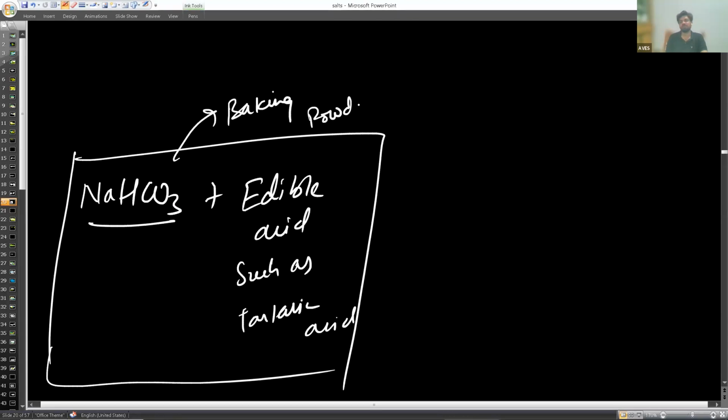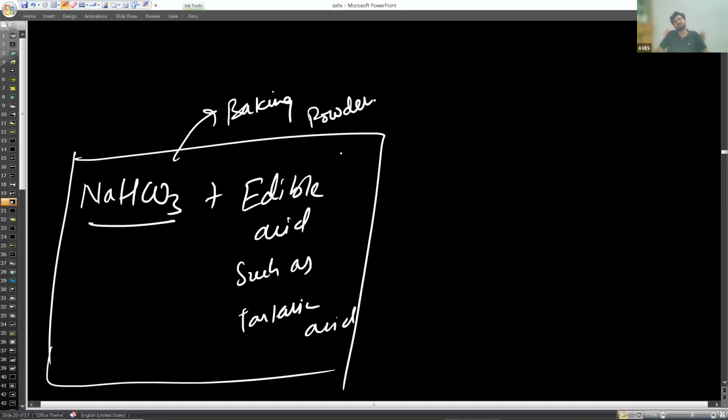So what is the difference between baking soda and baking powder? Baking powder has the edible tartaric acid. When baking soda is mixed with an edible acid such as tartaric acid, together they form baking powder.